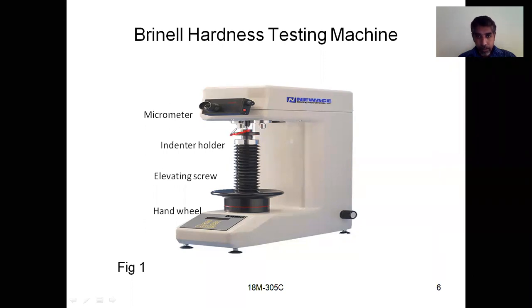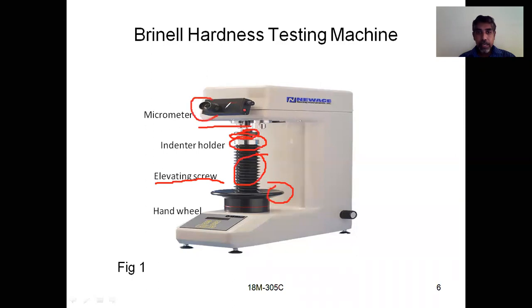This is the anvil you are having. And here you are having a screw mechanism, and a rotating hand wheel. Here the screw is elevating, and the indent holder is here. This one is the indent holder.